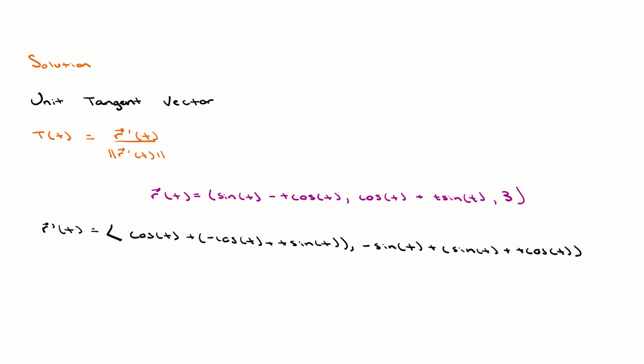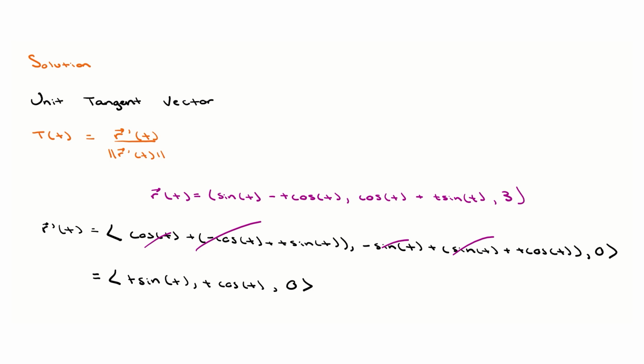And lastly, the derivative of 3 is 0. So this, of course, can be simplified down, giving us t sine of t, t cosine of t, 0. All right, you all, that's our numerator, and now we'll find our denominator.